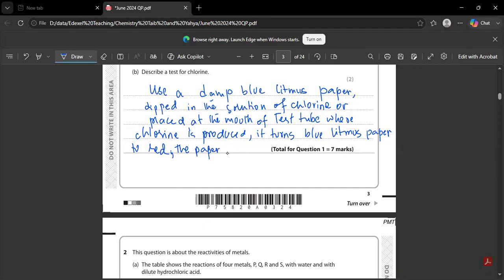The paper turns white, showing bleaching action of chlorine, right?